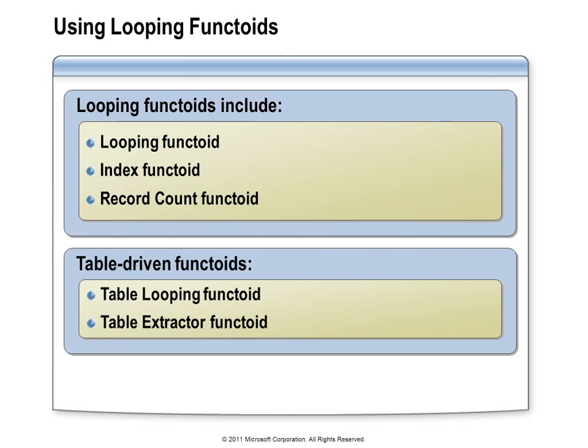Now, if you find that the default looping behavior doesn't meet the needs of your application, you might want to take a look at the advanced looping functoid. And this can help you in a couple of scenarios. For example, suppose you had an order with a collection of line items, but you only wanted to copy certain line items over to the destination document.